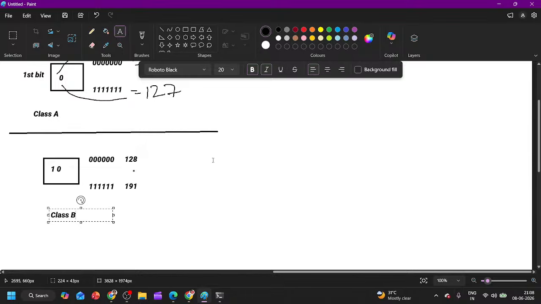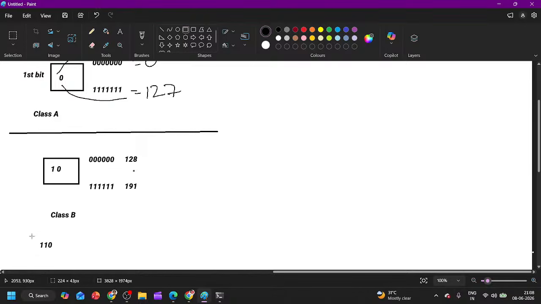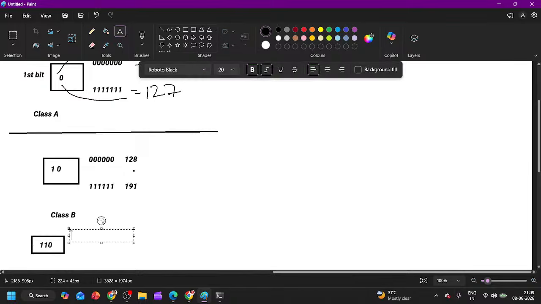And for class C, we have reserved 3 bits. The first bit will be 1, the second bit will also be 1, and the third bit will always be 0. So the free bits are 5 bits. If all the 5 bits are 0, then I will get the minimum value, and if all the 5 bits are 1, then I will get the maximum value.